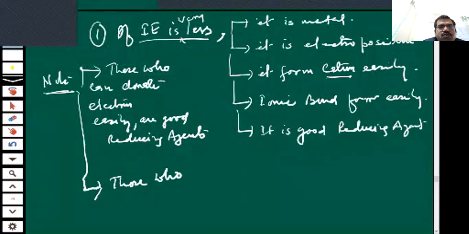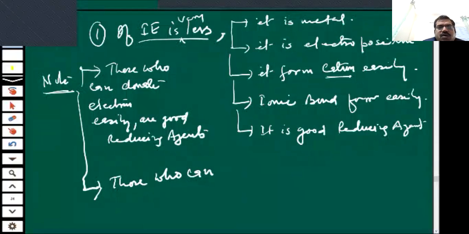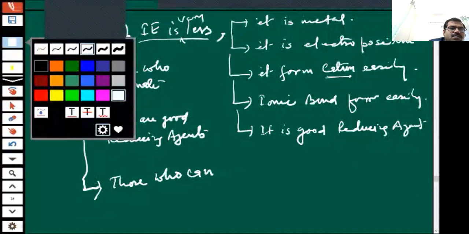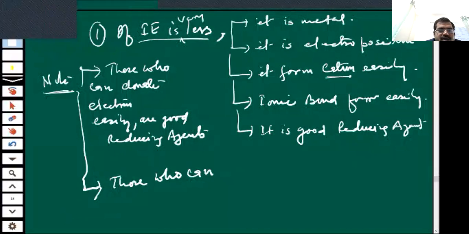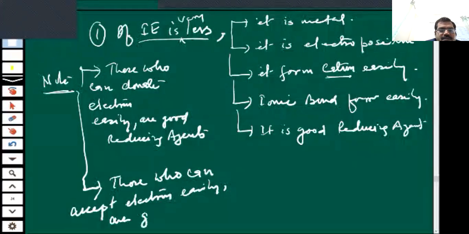And those who can accept electrons easily are good oxidizing agents.